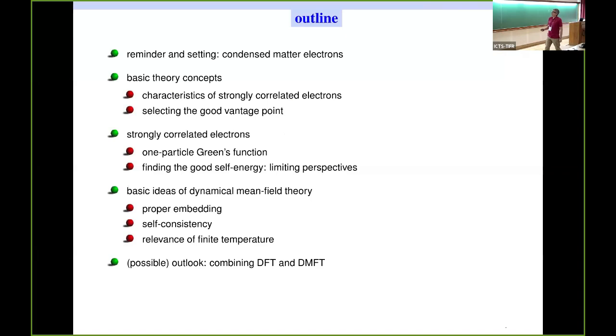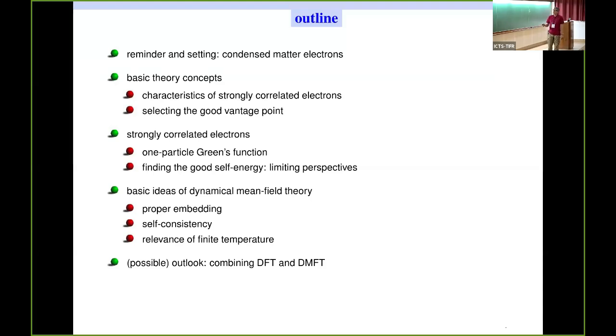So this is a bit the outline of this presentation. Again, I will give you a very brief account of what is about condensed matter electrons, band theory and beyond, so to say. And then we will talk a little bit about what we have to think about when we want to treat strongly correlated electrons, because as you, of course, have already realized, that is what DMFT is about.